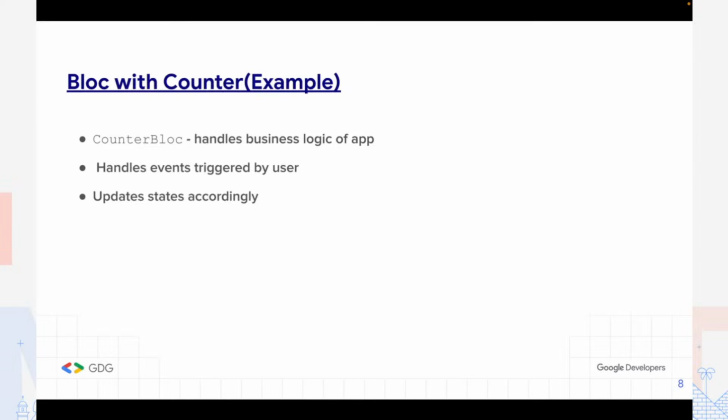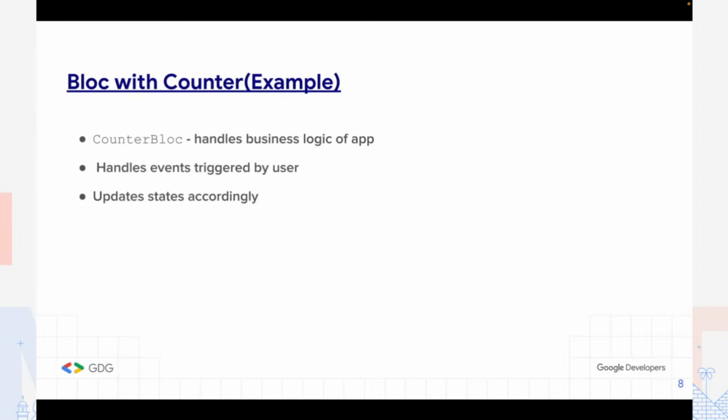Before discussing counter block, we need to understand what the counter block actually does. It handles the logic of the application, which means it handles the decrementing and incrementing of the counter value. Because right now, those are the logic of our application: two operations, to decrement and to increment the counter value, and it handles the events that are triggered by the user.